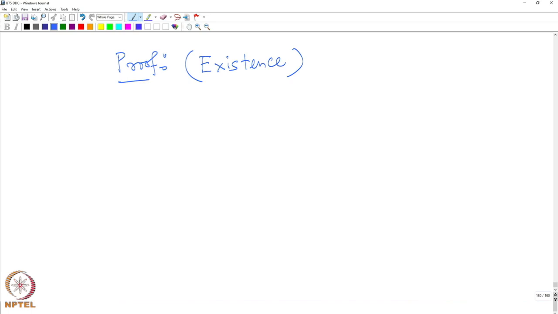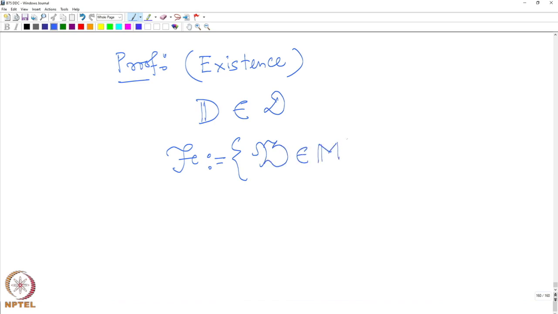So now you see, suppose somebody gives me a data D. I look at this family F of all models within the model class that are unfalsified by the data. That means B is in M and B contains D. So, first observation is that F is non-empty.